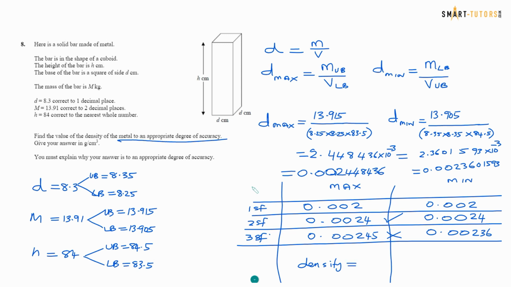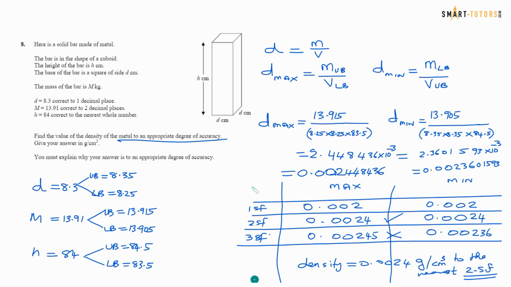So the density equals 0.0024 grams per centimeter cube to the nearest 2 significant figures. That is our accuracy. Suitable degree of accuracy means this is what you need to do.